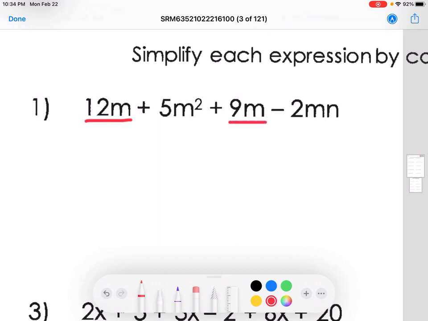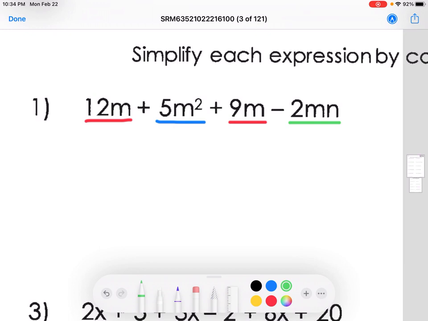So these two are like terms. And then I have 5m squared, but I don't have any other terms that have m squared, so there's nothing I could combine with that. And then I have 2 times m times n, and there are no other terms that have m and n combined. So I have 3 different sets of terms here.